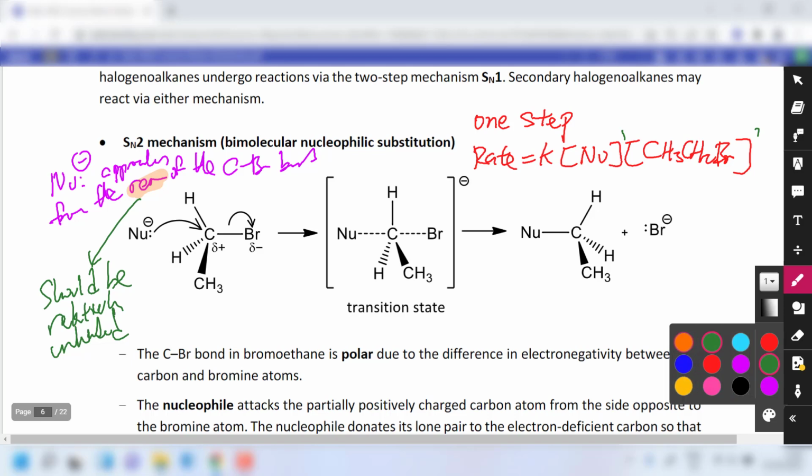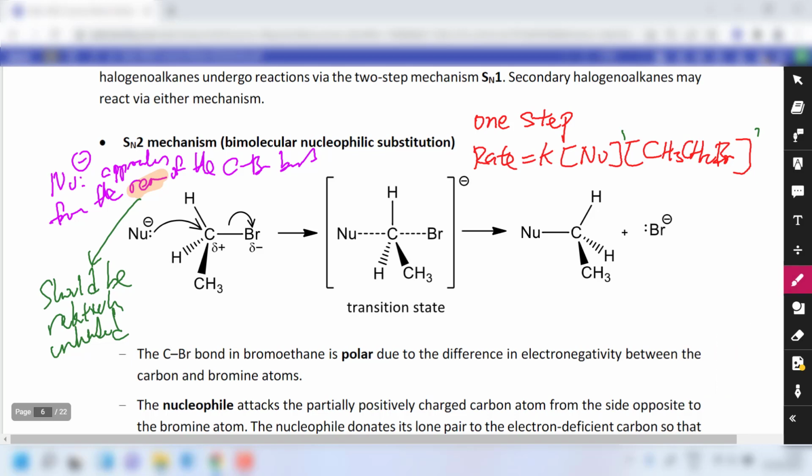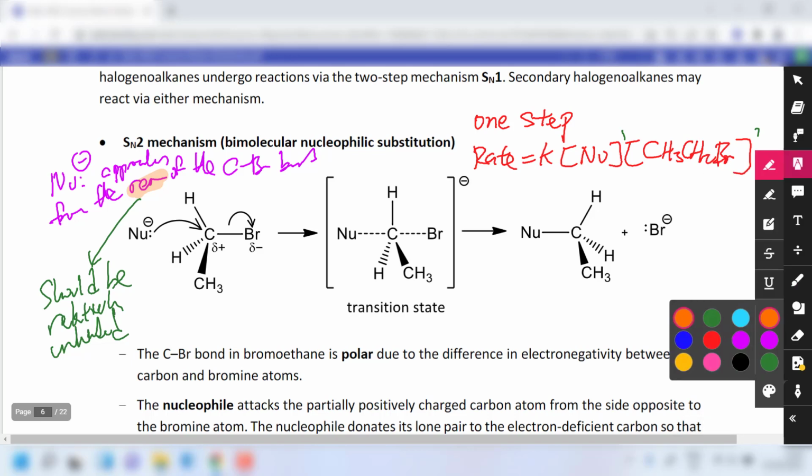I do believe that as you scroll through your lecture notes, it's mentioned over there. What are the key points you need to consider when you draw the mechanism for second order, or bimolecular, nucleophilic substitution? In the beginning, it will be good to position your C-Br bond horizontally like this.